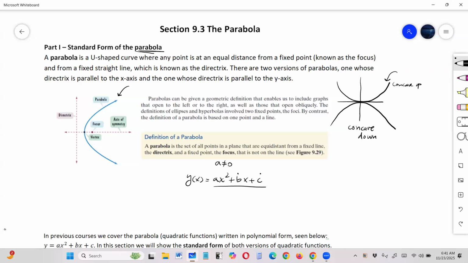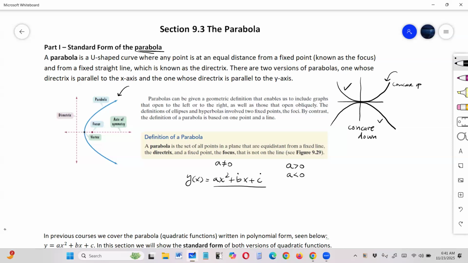Now, what we have covered in a previous course was that if A is greater than zero, then the parabola is concave up. And if A is less than zero, the parabola is concave down.